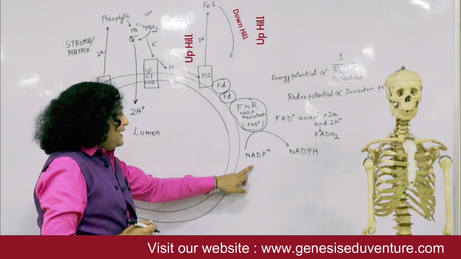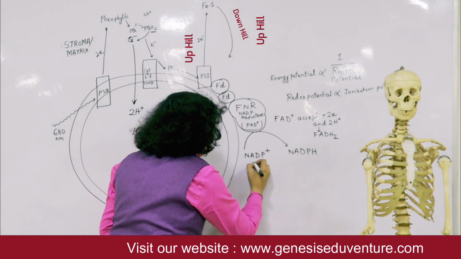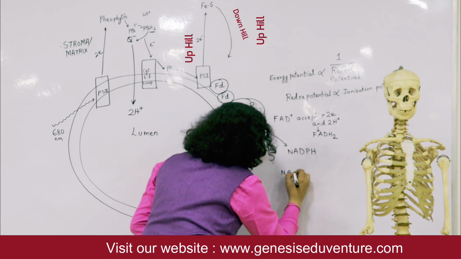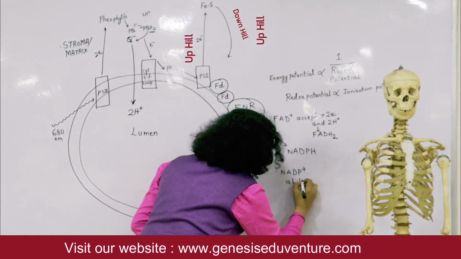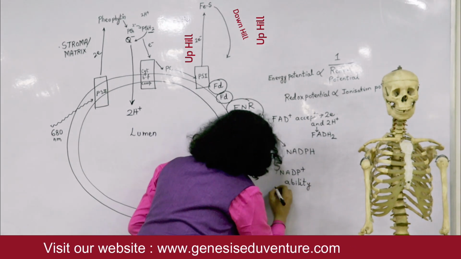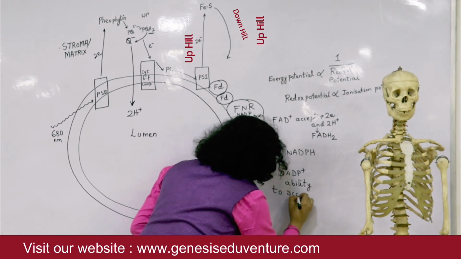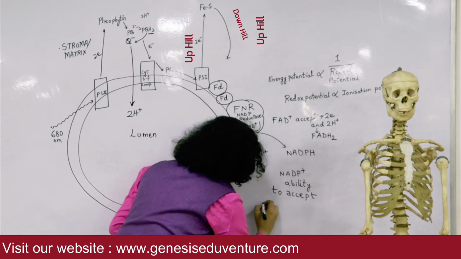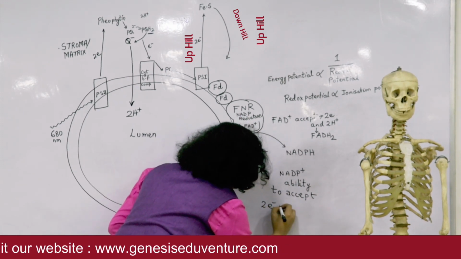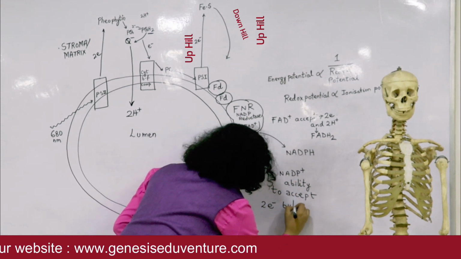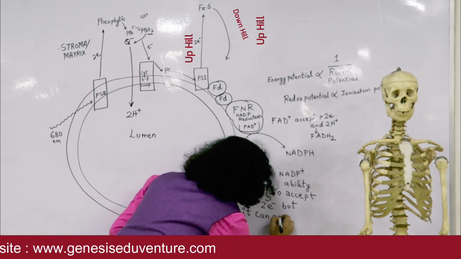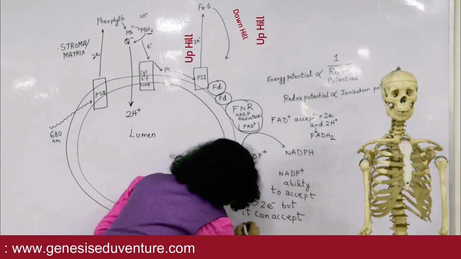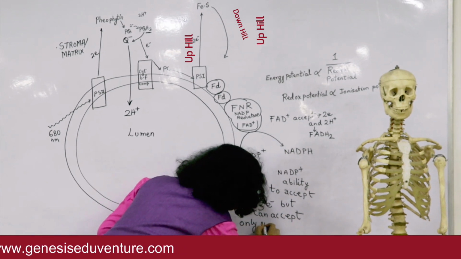Remember one thing, NADP plus has the ability to accept 2 electrons, but it can accept only 1 proton.